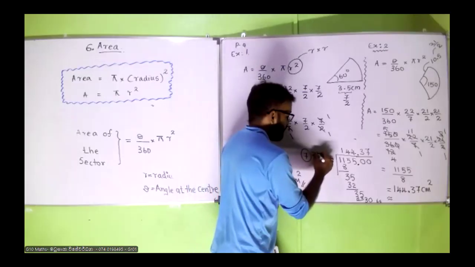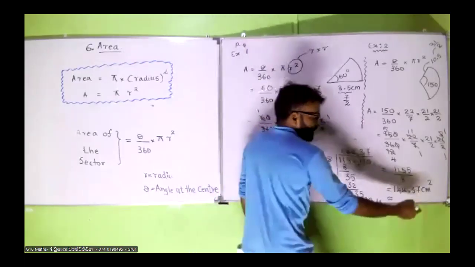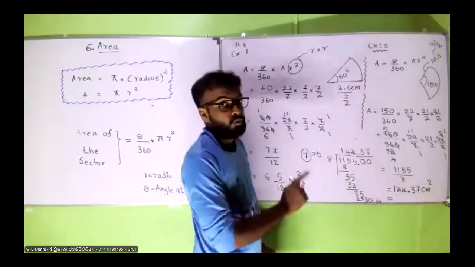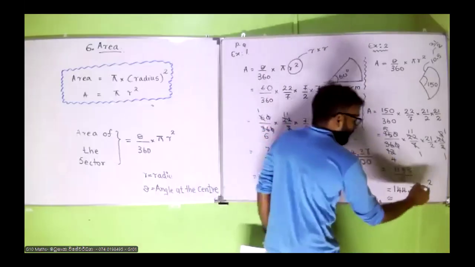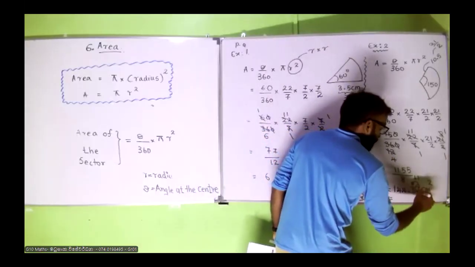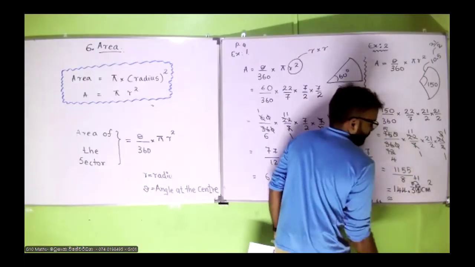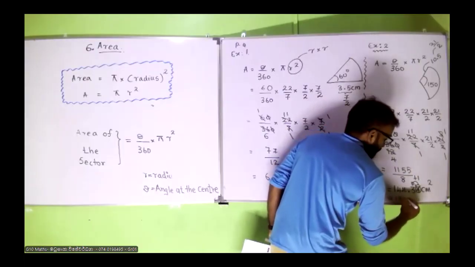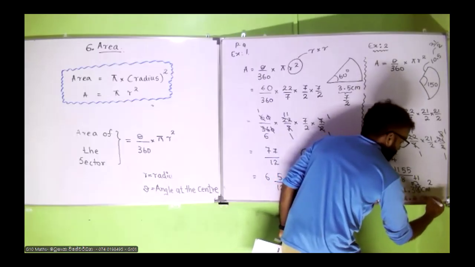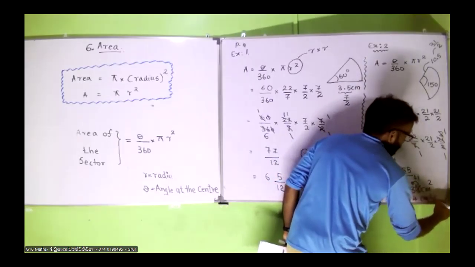This is greater than 5, 7 is greater than 5. If you want to remove that, you have to add 1 to the first decimal place. Add 1 and remove this 7. So very easy, 144.4 square centimeters is your answer.